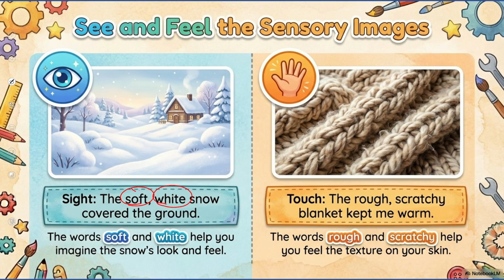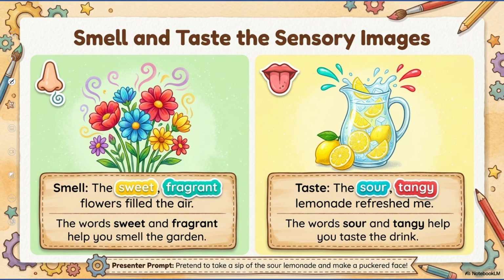When you listen to or read these words, the images come to your mind. And when you say the rough, scratchy blanket, the touch of that specific thing comes to your mind. So anything related to your senses creates a sensory image in your mind, which increases the interest of the poem.